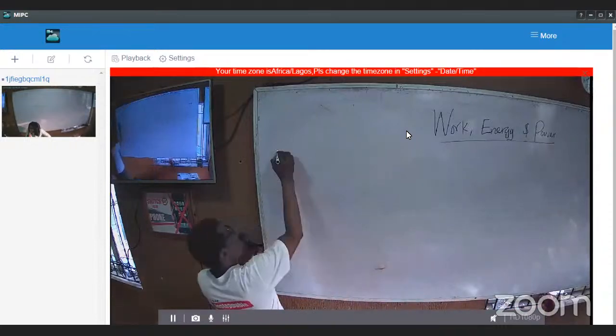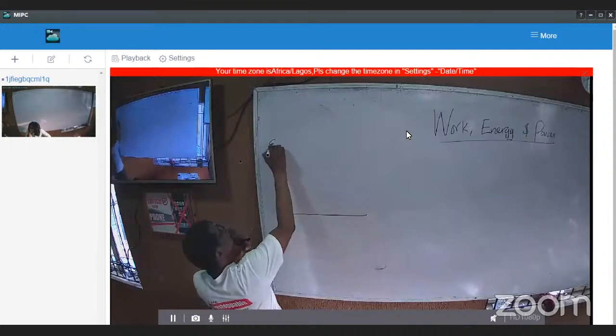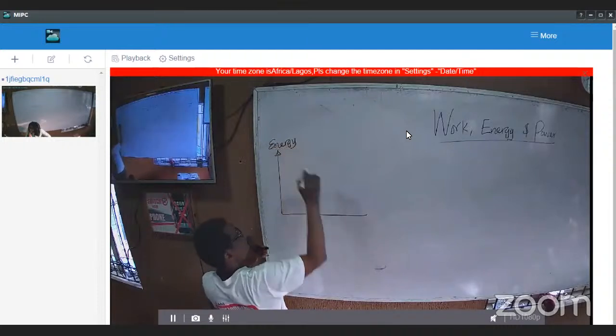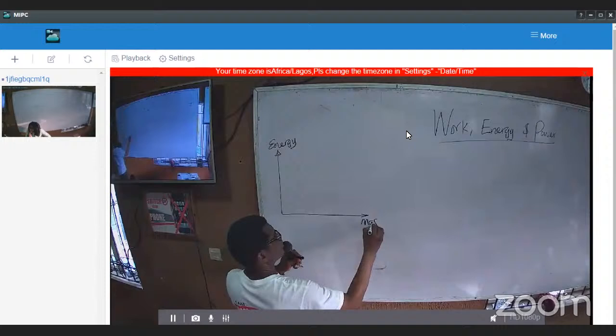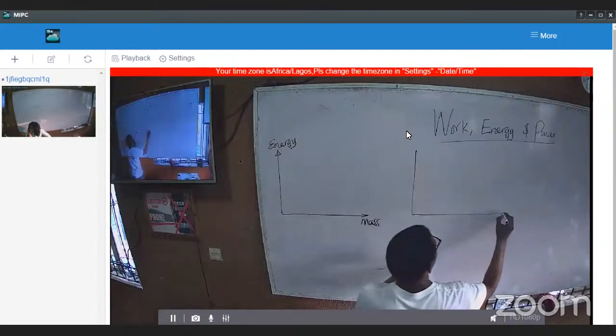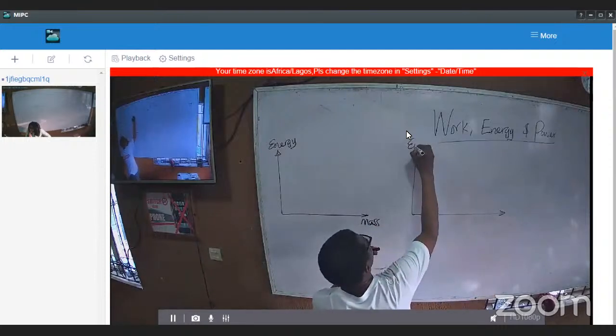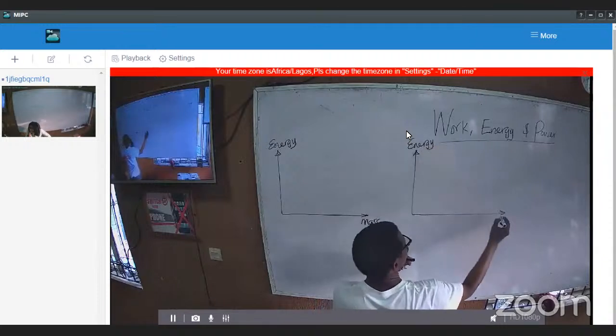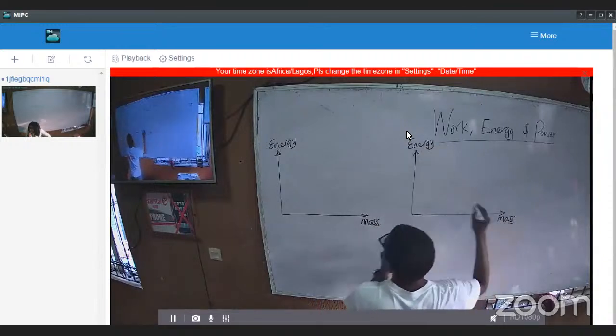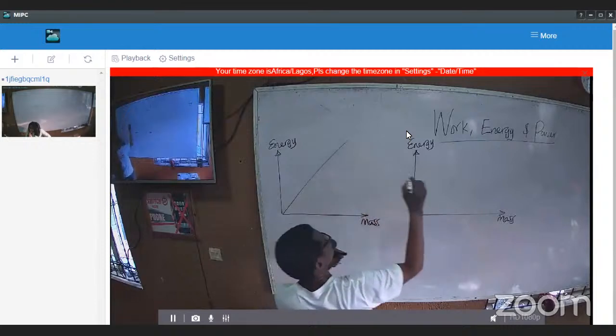So we have energy and mass. Energy here, we have mass here. The first one is a straight line through the origin. The second one is like this.